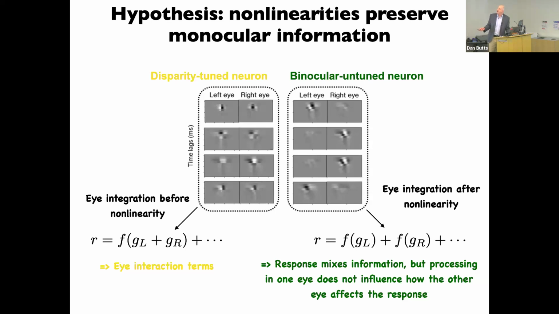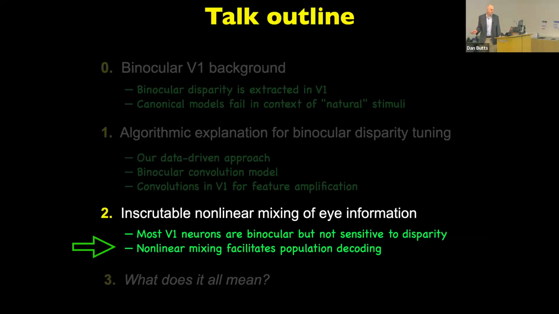If all you do is rectify in left and right eye without combining them, then while the response will be inscrutable, you can imagine that these two packets of information are in the response, and different neurons acting like this will have them in the response to different degrees.